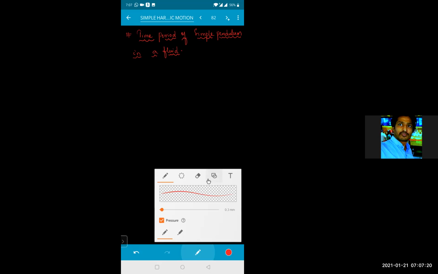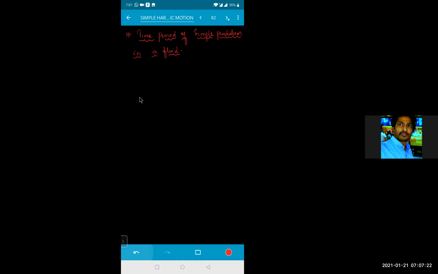Take the next heading for this one: time period of simple pendulum in a fluid. Say I'm taking this simple pendulum in a container.